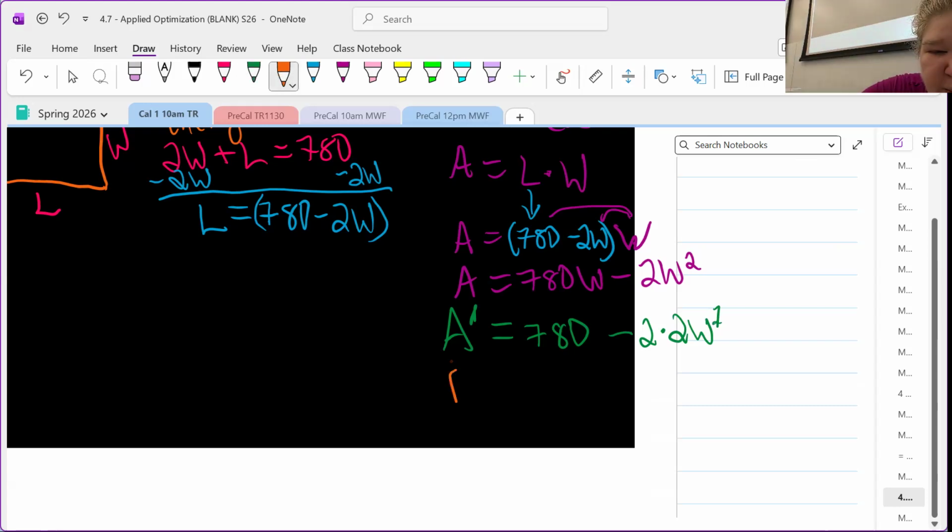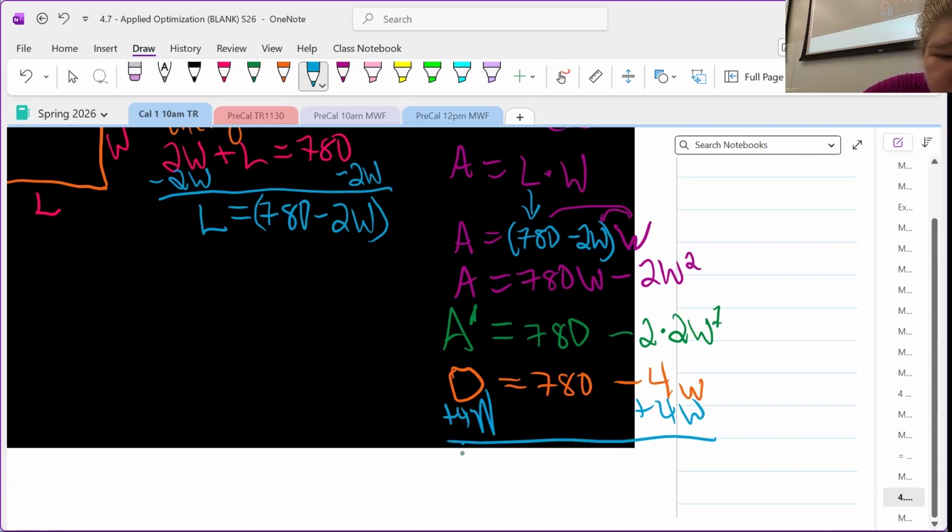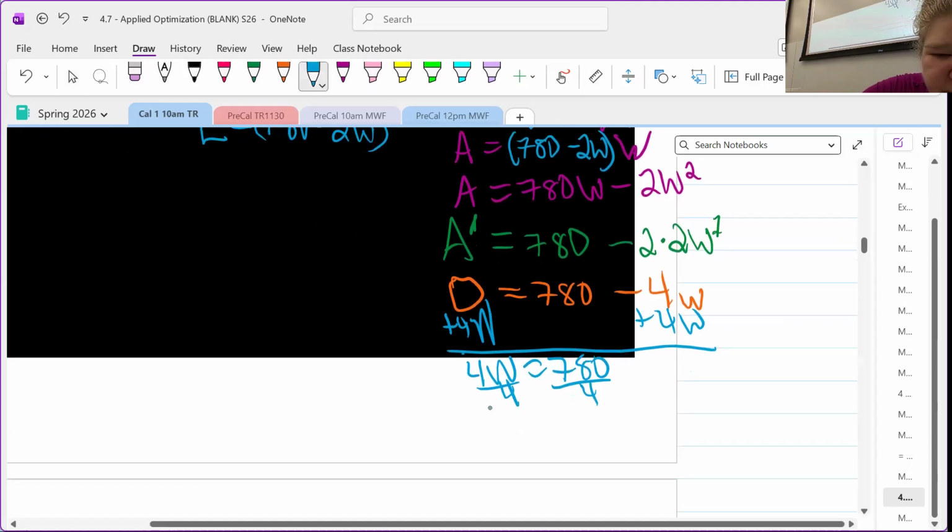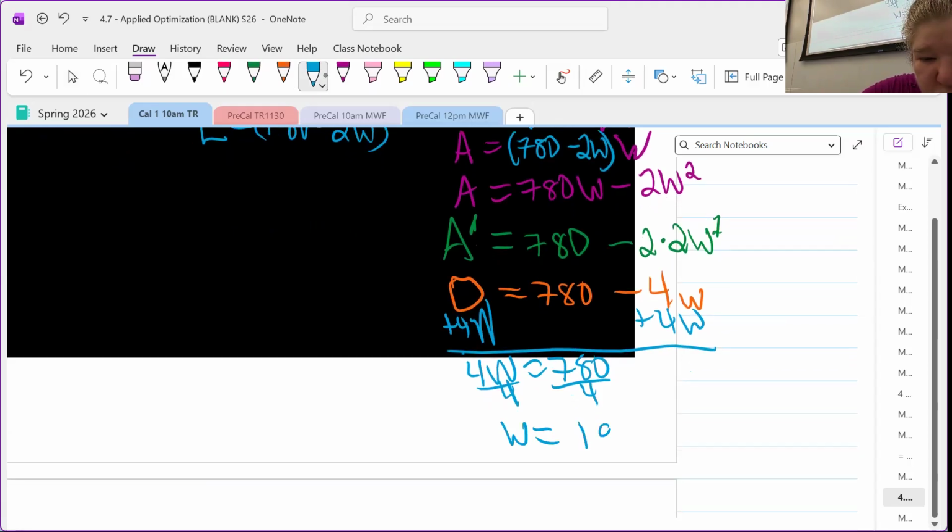And now we're going to put 0 in place of A prime. So this is 780 minus 4W. And now I'm just solving, so I'll add the 4W to the other side, and then we divide by 4. We get 195 for the width.